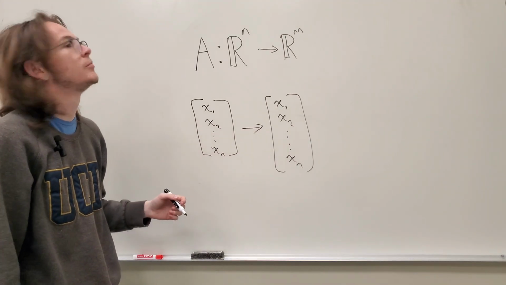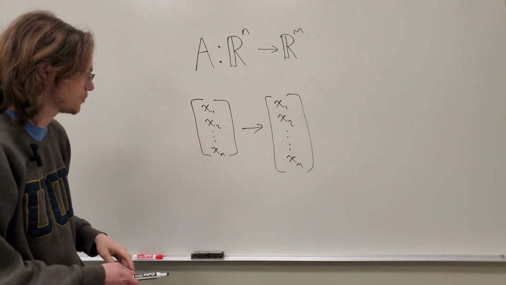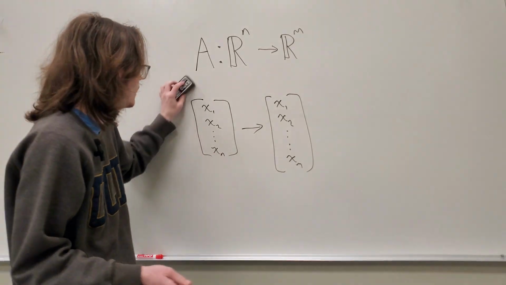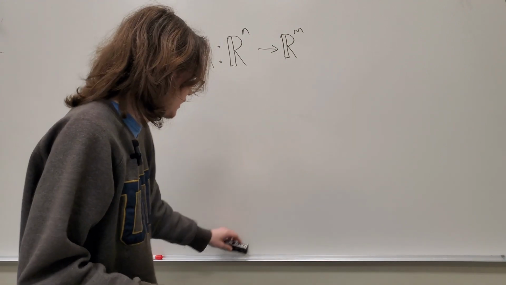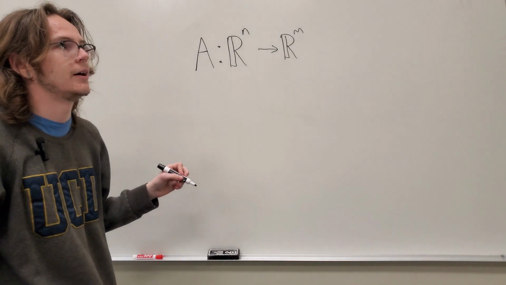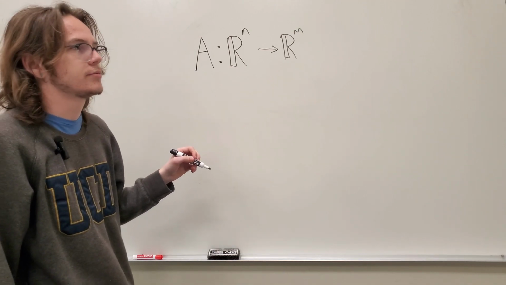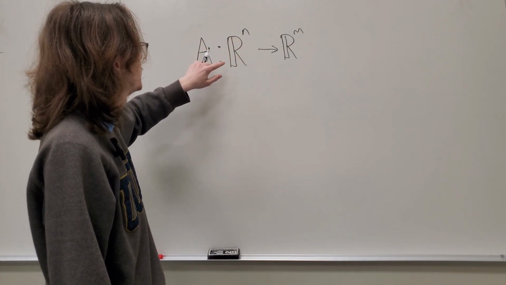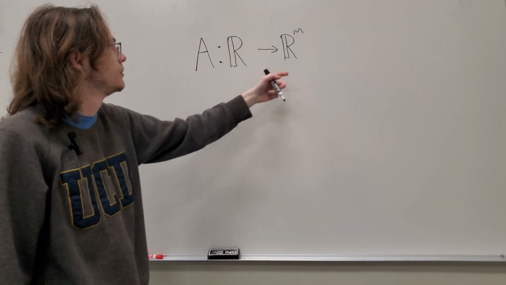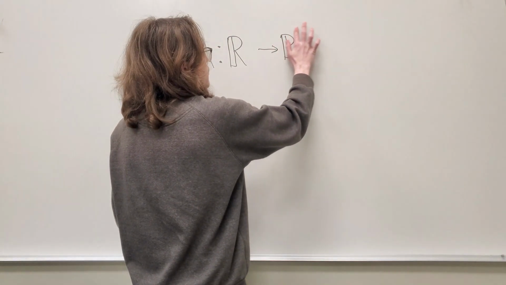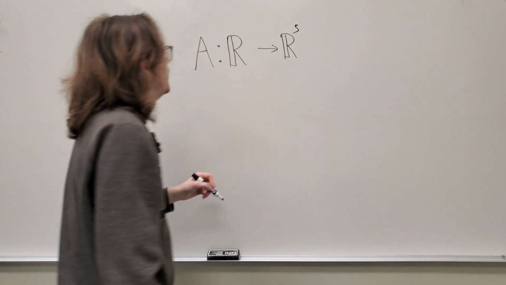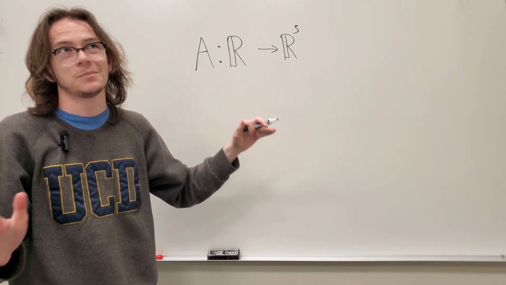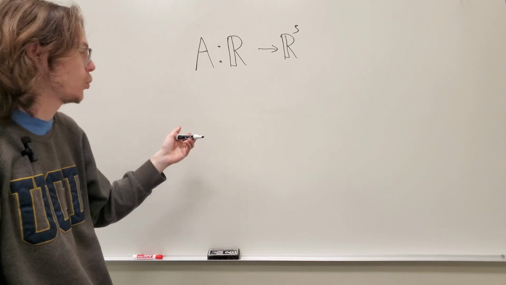This can be done a few different ways, and in fact, this notation works for different types of vector functions. For example, let's say that we're mapping from R to R3. This can be interpreted in different ways.